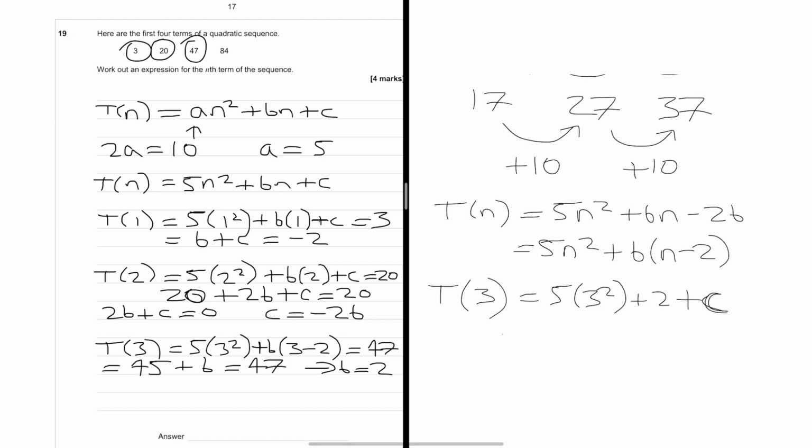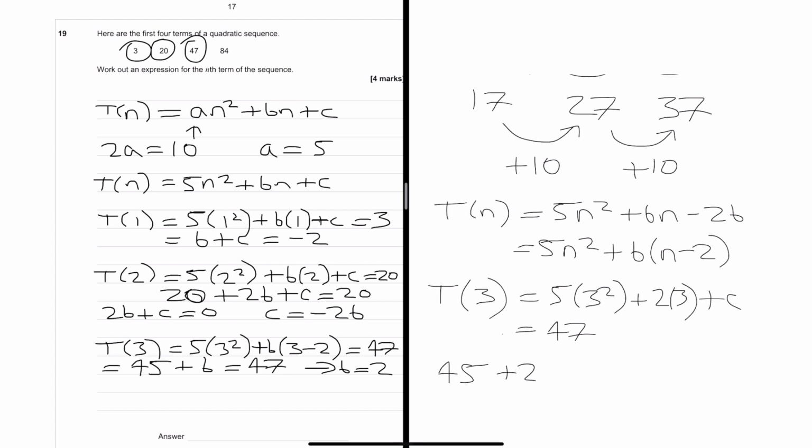In fact, sorry, it's not plus b, it's plus b of n. So let me just go back. So plus 2n, because remember b is 2, so instead of b I've just replaced it with 2, plus c equals 47. So we have 45, which is the 5 times 3 squared, plus, I don't know why I wrote n in, because we know that n is 3.